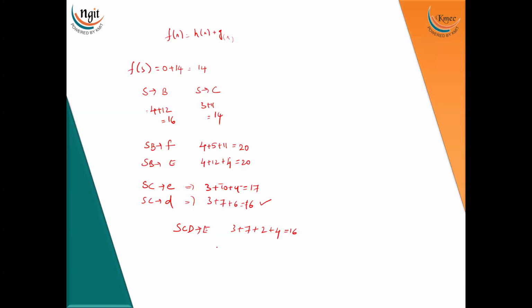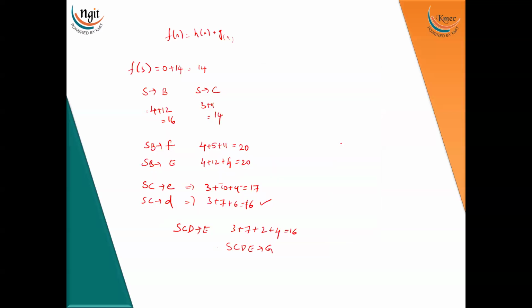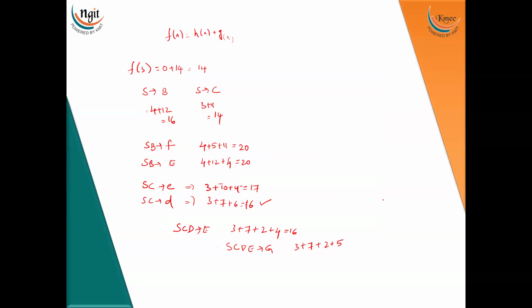So, now the next one is SCDE is directly going to goal state and the values are 3 plus 7 plus 2 plus 5, and here the heuristic value is 0, which is equal to 17. So, in this way, we are going to calculate this one.